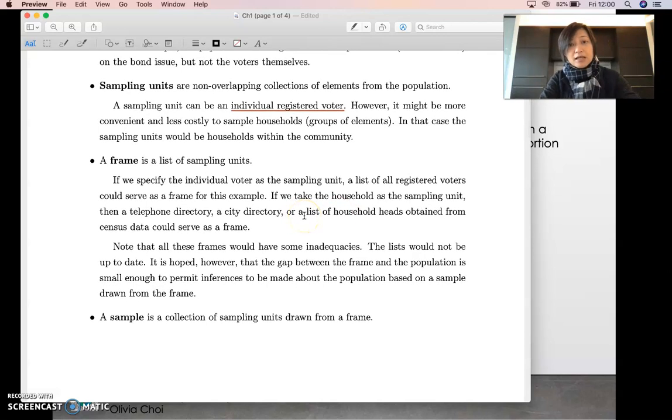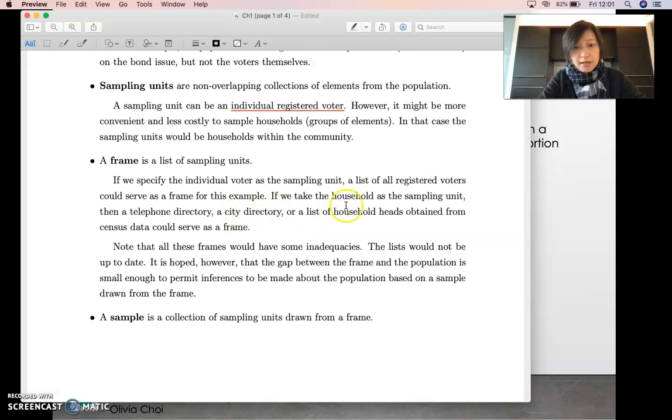If we obtain the whole list of registered voters, then we call that a frame. So a frame is a list of the sampling units. If we have a list of the households, back to the household income example, then we call that a frame for the households.